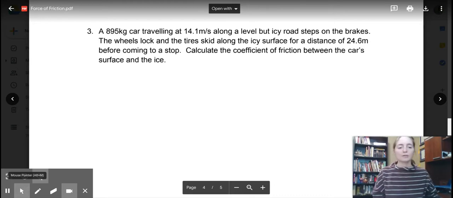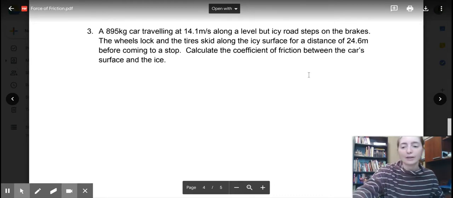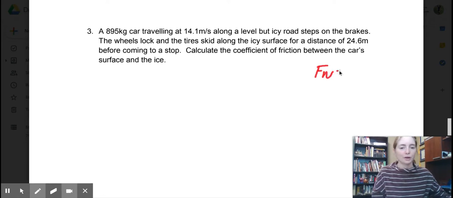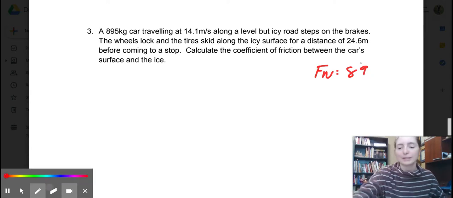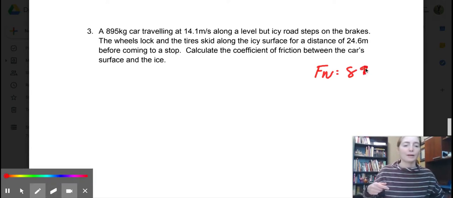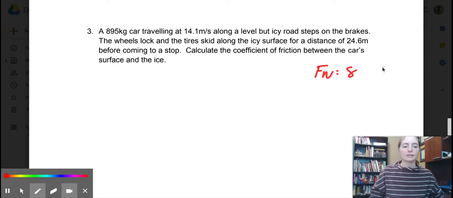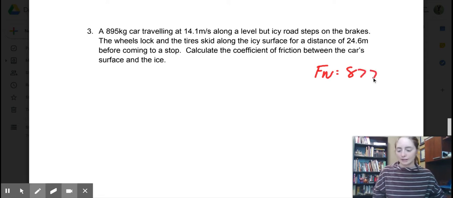So where we had left off is we had calculated our Fn, so you can see how we got that in the previous portion of the video. And we calculated our Fn to be 8,779.95 newtons.